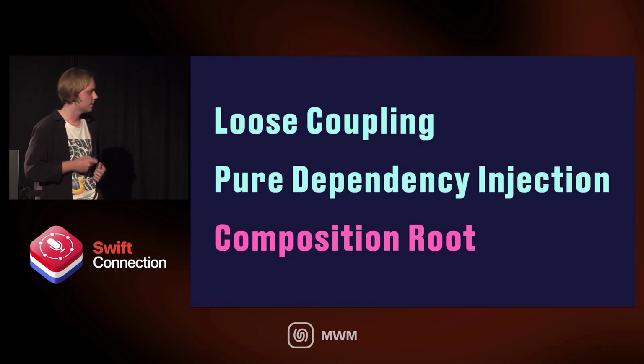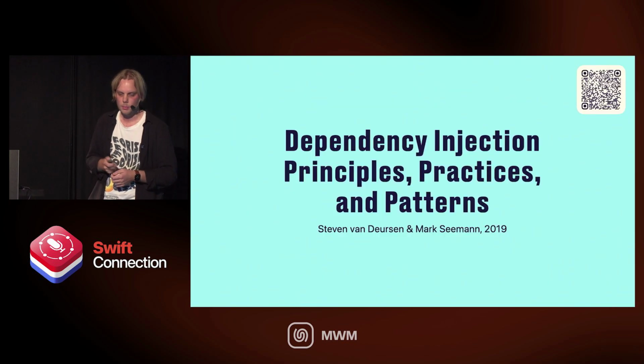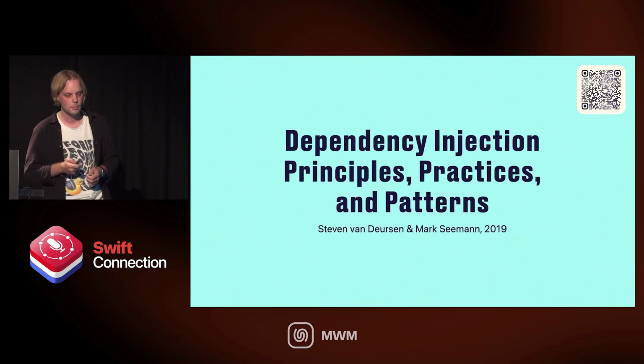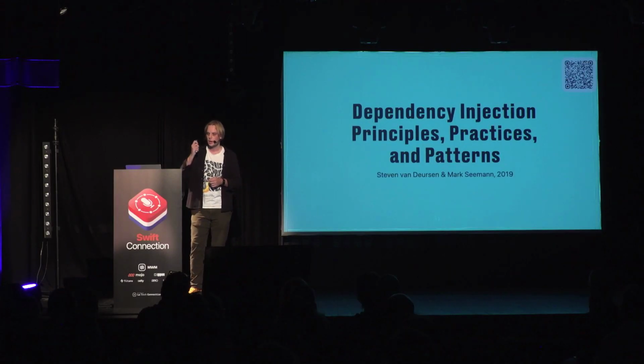And that brings us to the last topic here, the composition root. The composition root was originally presented by Steven van Deursen and Mark Seemann in a book called Dependency Injection: Principles, Practices, and Patterns. And this book answers the question, how do we compose the object graph? It answers many other questions as well, but that's one of them.